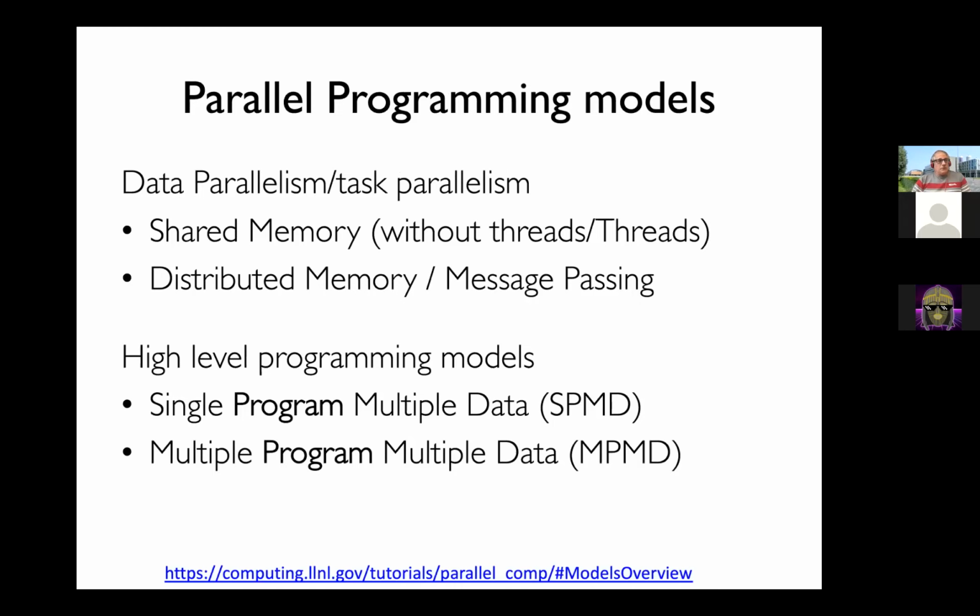But you also have certain paradigms which reflect the Flynn taxonomy, where we want to execute a single program on multiple data, or multiple programs on multiple data. The only difference is that here we are reasoning at the level of a program and not the level of an instruction. Remember that we were talking about instructions before. Here we're talking about programs, not instructions.